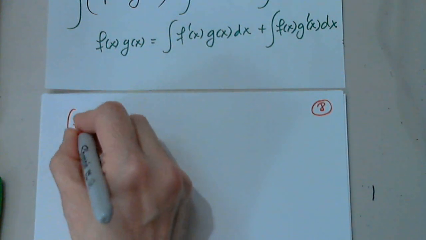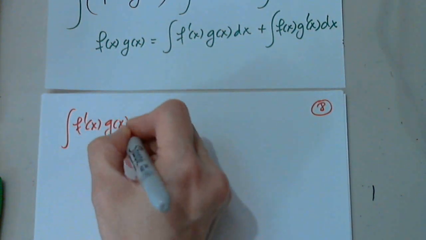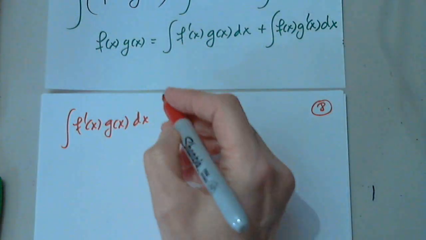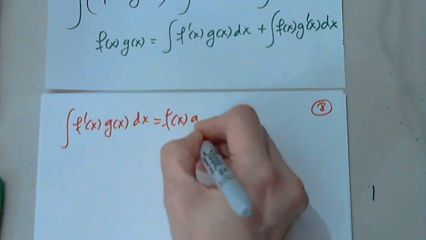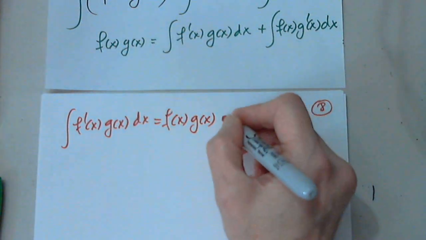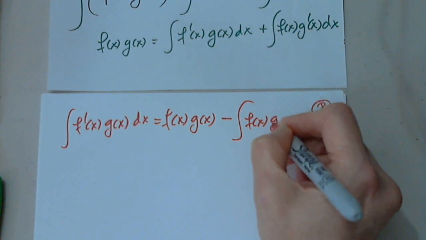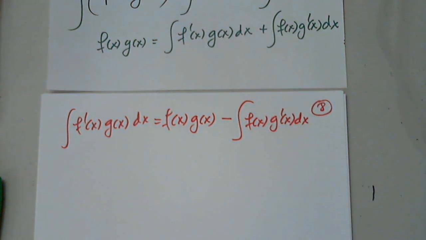So the integral of f prime of x g of x dx equals f of x g of x, the product, minus the integral of f of x g prime of x dx. How does this work? I'm going to show a few examples. I hope you're going to find them very, very easy. And you're going to use this method. However, feel free to use any method you like.